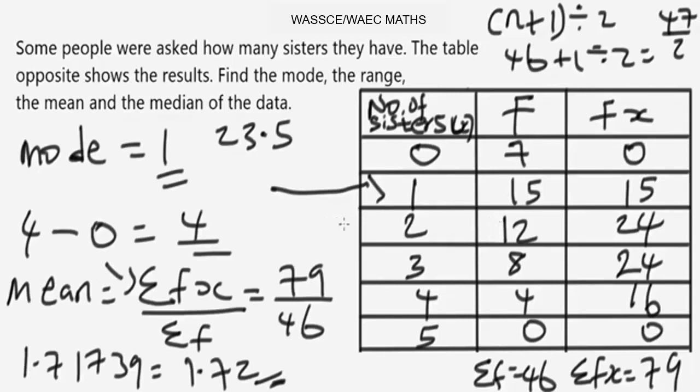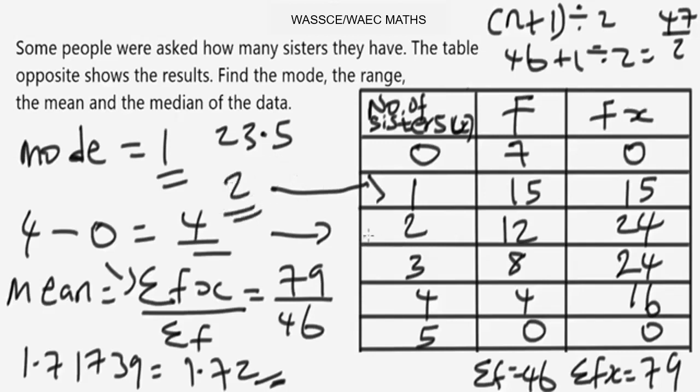So we need this frequency value of 12 to get in between 23.5 and 24. That means under this frequency of 12, the number of sisters is what? 2. Now this shows us that the median for this frequency table will be what? 2.